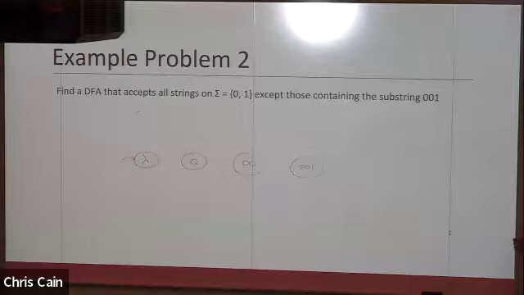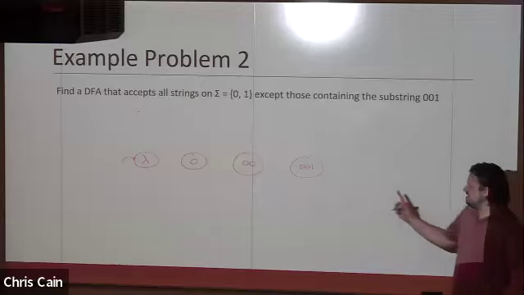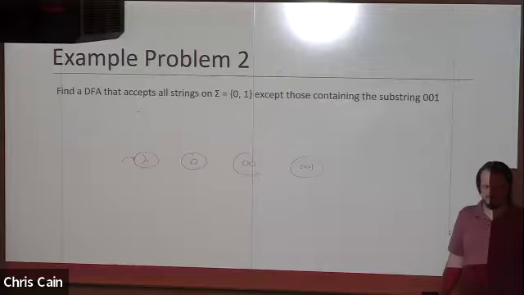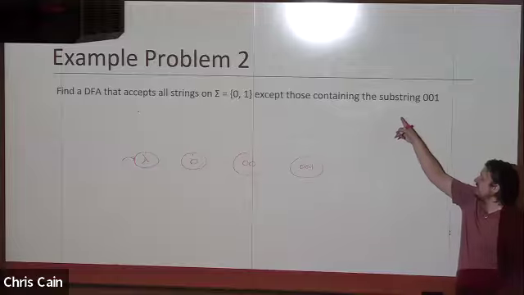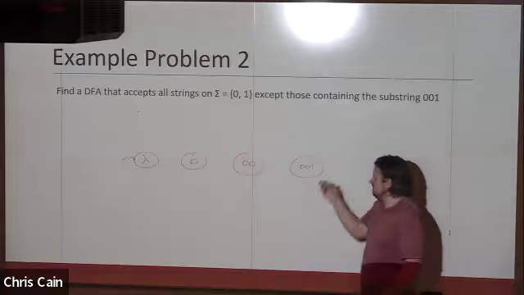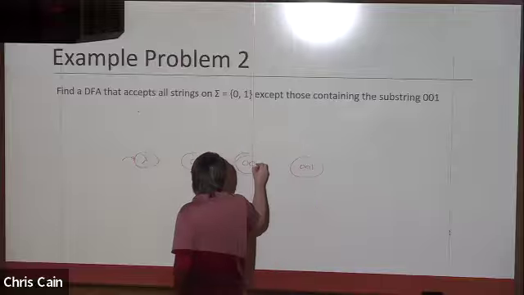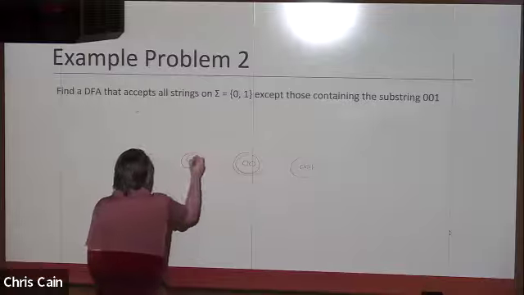Given that you see the next digit being whatever it is, where do you go? And which of these states are final? We want to reject as soon as we see it, although we want to accept everything except those containing this. So we would want every other state to be final except for 0, 0, 1.